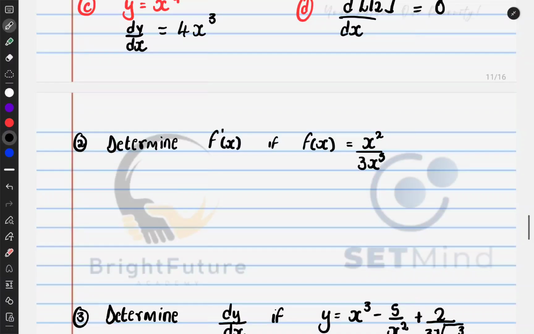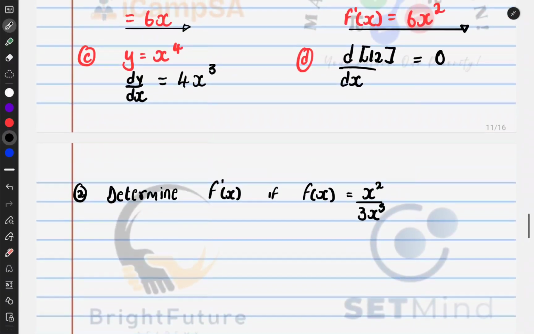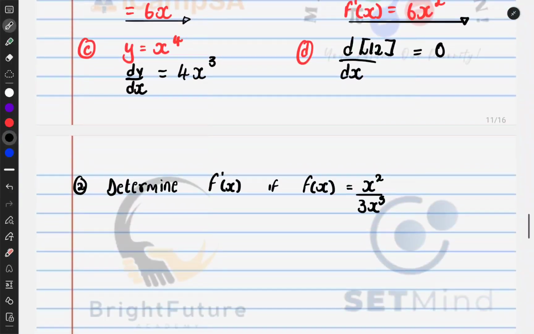Okay, so next, we're still in example number 5. We want to find the derivative of the function f at x is equal to x squared over 3x to the power of 5.